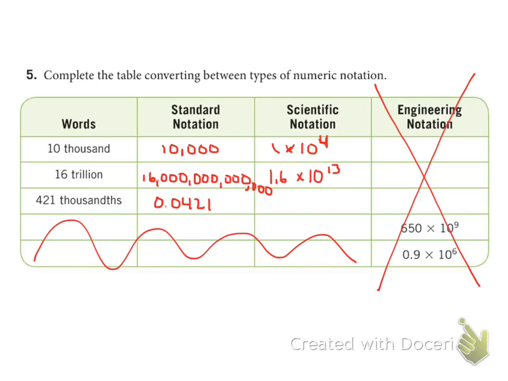So we have an extra 0 in there. Once you think you have it, do what I just did. Go back through, count the positions. This would be tenths, hundredths, thousandths. So that last number should be in that position.